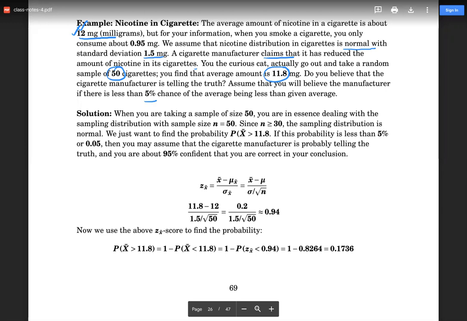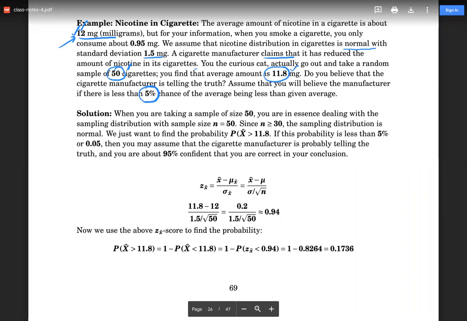In that case, what are the chances that if you took a random sample of 50 cigarettes you'd be finding 11.8 milligrams average, given that the population average is 12? And if that chance falls below 5%, then we'll say, okay, there is a 5% chance that cigarette manufacturers are not telling the truth, but a 95% chance that they are telling the truth.